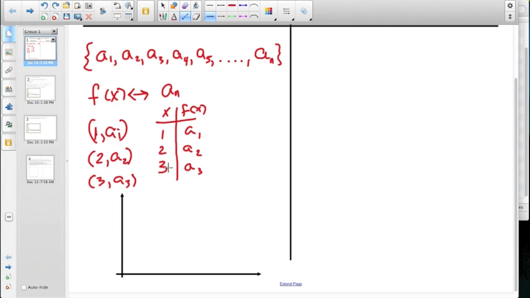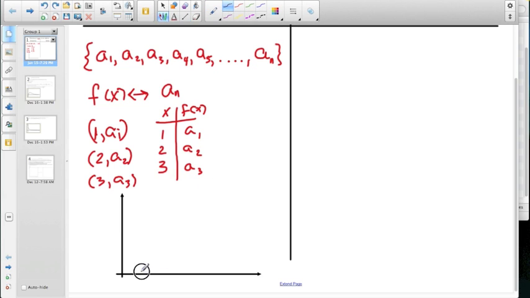For the majority of the sequences that we look at, we're going to look at things that are monotonic and bounded. And if we're talking about being monotonic and bounded, and we're talking about a sequence here, then what we're looking at really is these individual locations, or individual points on this graph.